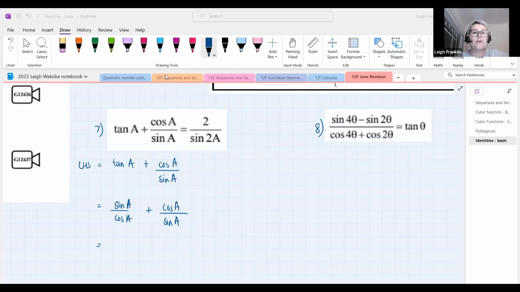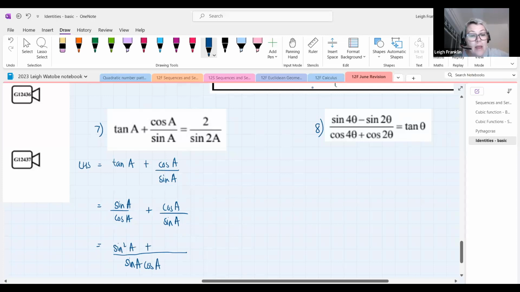Quite right. Okay, there's a couple of people with hands up. Finding a lowest common denominator. So we would find our lowest common denominator by multiplying cos A and sine A together, right? So that would give us an LCD of sine A cos A. That's it. So at the top, the first term is going to be sine squared A, and the second term is going to be cos squared A. Are we all good up to this point?